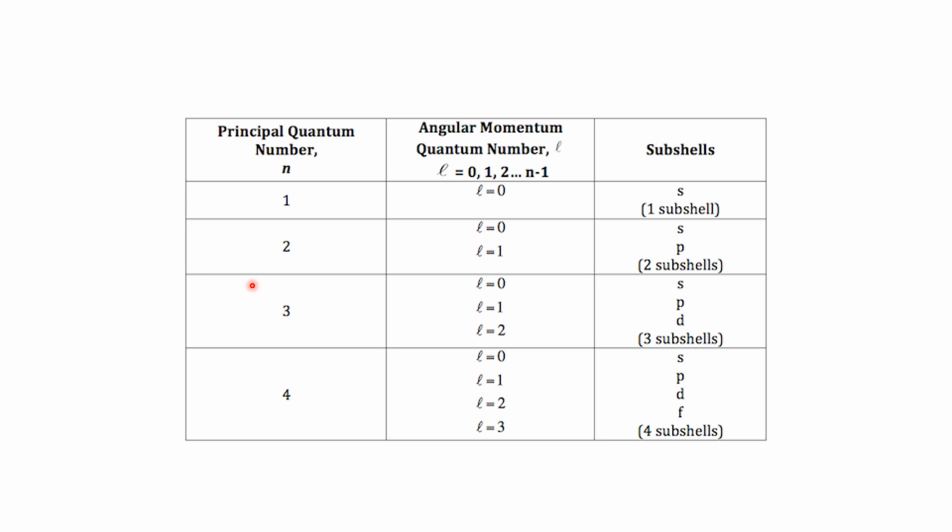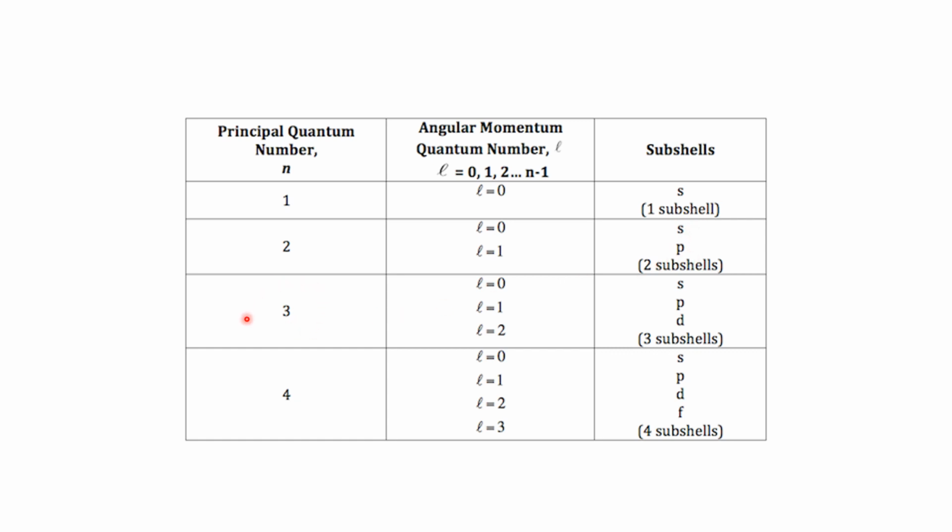Here we have a table telling about the relationship between the principal quantum number and azimuthal quantum number. If the value of principal quantum number is 1, L would be 0 and it would be the s subshell. If 2, then L will have two values, 0 and 1, and accordingly the subshells will be s and p.